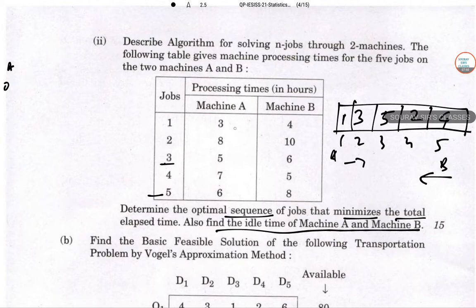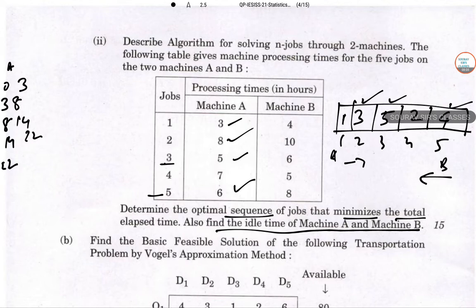First you will be doing job 1, so 3 hours, then 3. Then he does job 3, so this is 8. Then he enters at 8, job 5, so that is 6, 14. Then enters at 14, job 2, so 22. Then enters at 22, job 4, so that is 29. This is for machine A. No idle time for machine A.